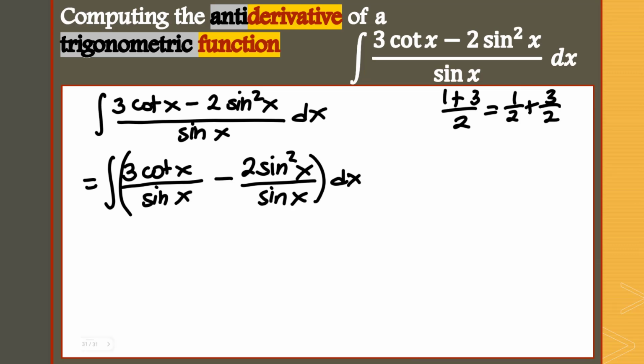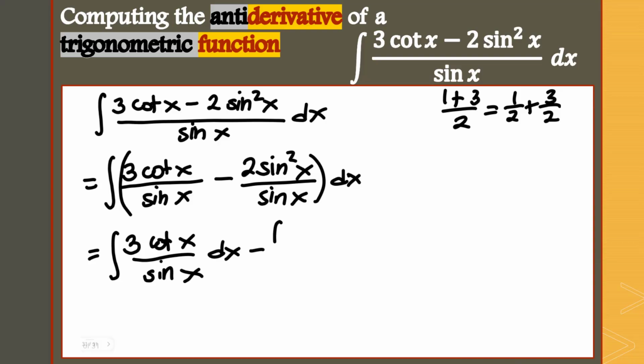So we will write it in this manner: equal to the integral of 3 cotangent x over sine x dx, minus the integral of 2 sine squared of x over sine x dx.